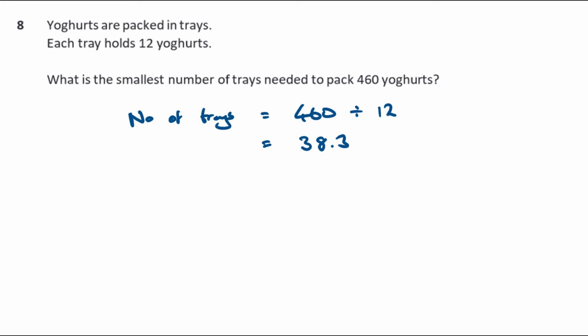So once we've filled up 38 trays, we've still got a few left over that need to go somewhere, so they're going to have to go into another tray, aren't they? So we're going to round this off upwards, in this case up to 39. Okay, so the smallest number of trays needed to pack 460 yogurts is going to be 39 trays.